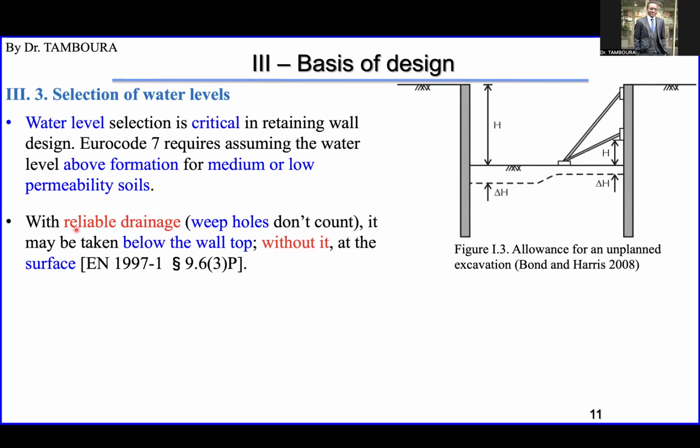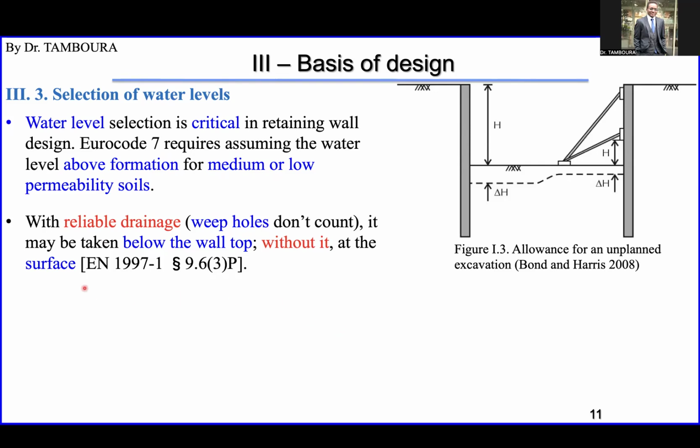But when we say reliable drainage, drainage is just to remove the water behind the wall, make a road for the water to escape. If you don't have drainage, then you need to consider water level up to maximum here, which is really too conservative, because we know that this is not really real.